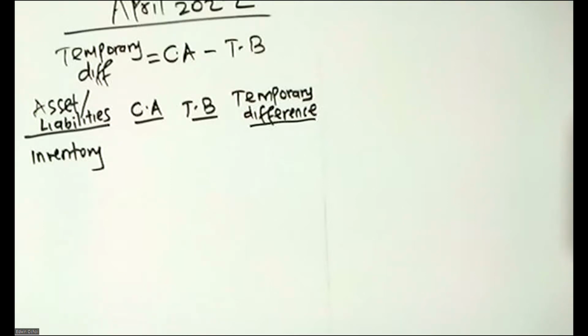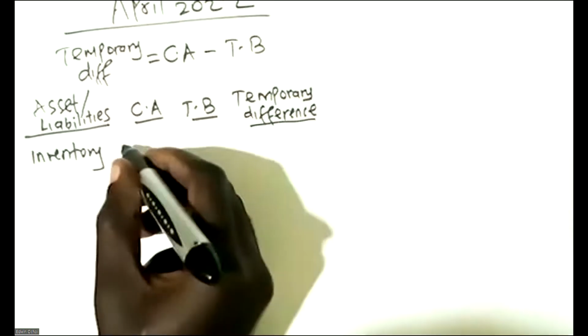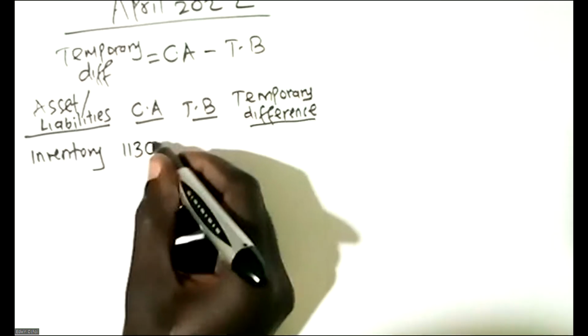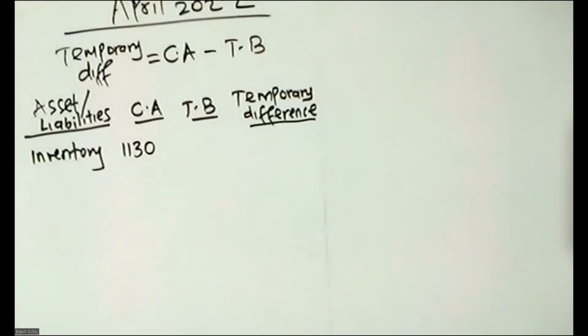It was reduced to 1130. So meaning that the 120 is ignored for tax purposes. So if you take 1130 minus 120, it is 1010.